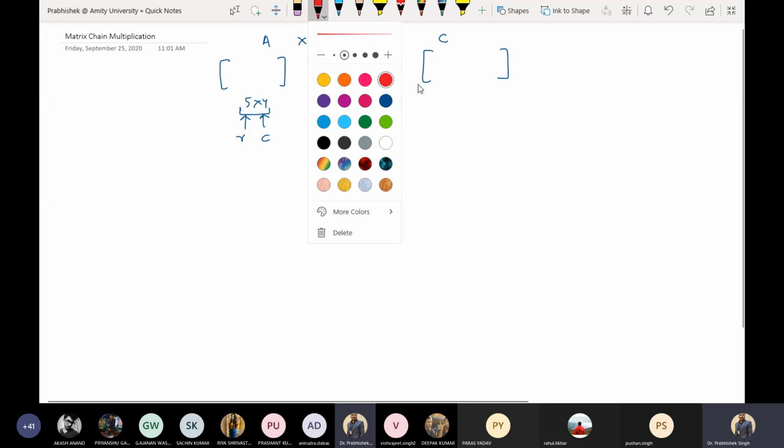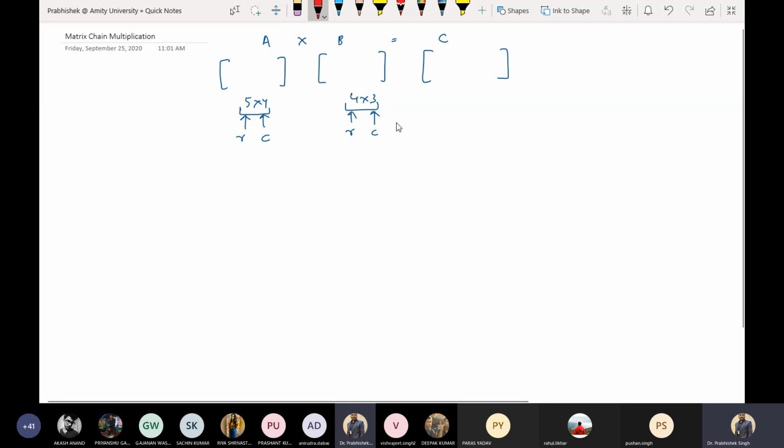Can we do matrix multiplication between these two matrices? Yes, we can, because you can see this term and this term are the same. If both these terms are the same, then we can do the matrix multiplication. It means that the columns of one matrix should be equal to the rows of the other matrix.